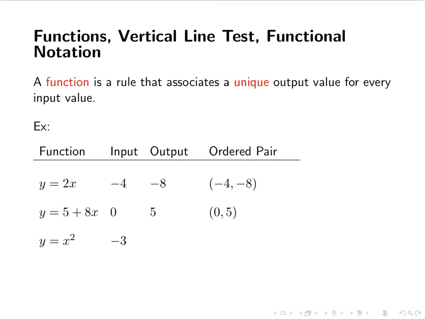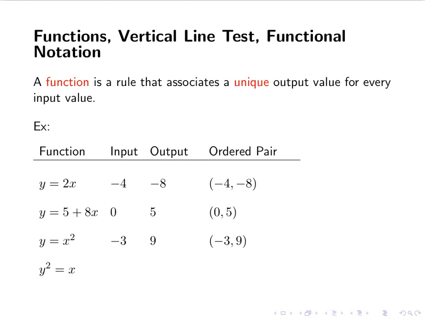I input -3. So now remember, order of operations, I am going to take -3 and multiply it by itself. That's what squared means. So I have a double negative, those negatives cancel, and I get a positive 9. So my ordered pair is -3, 9.